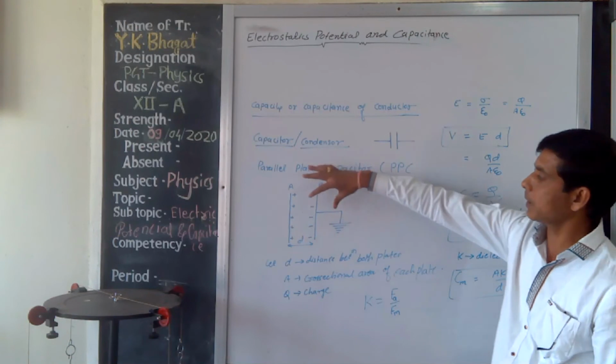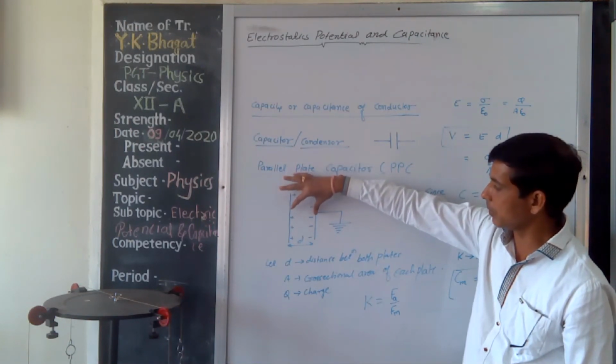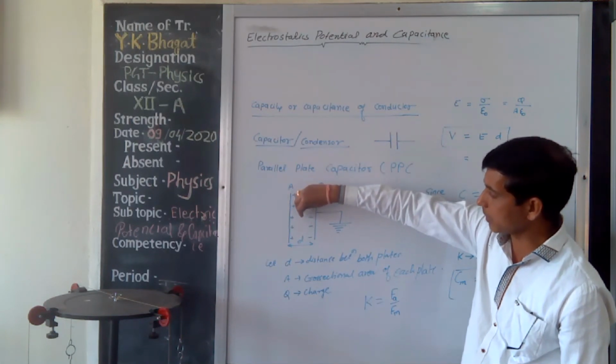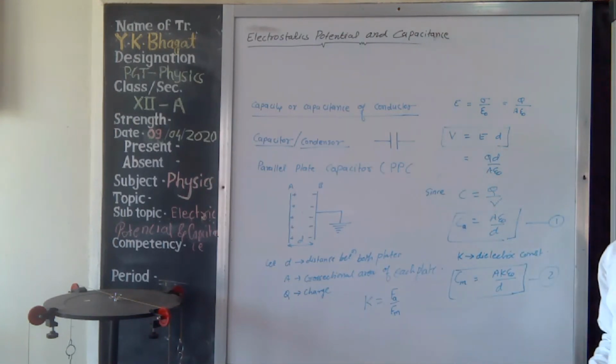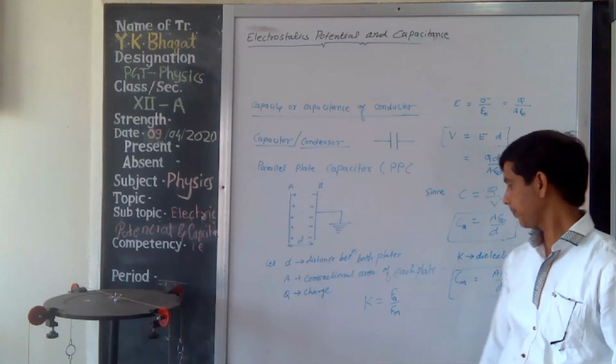When both plates are near to each other, capacity increases. When dielectric media is present here, capacity increases. Or cross-sectional area should be increased.